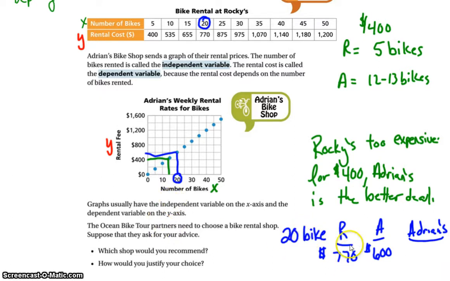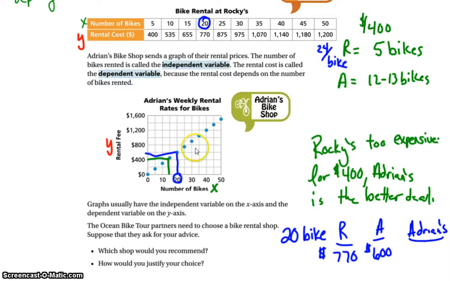But the difference between the number of bikes that we're getting is getting less and less. And at a certain point, Rocky's will actually become the better deal. Now, we have to determine what that would be. Because up here, as Adrian's prices continue to climb because he's charging the same amount of money per bike, Rocky's is actually decreasing because over here at 50 bikes, he's only charging $24 per bike.